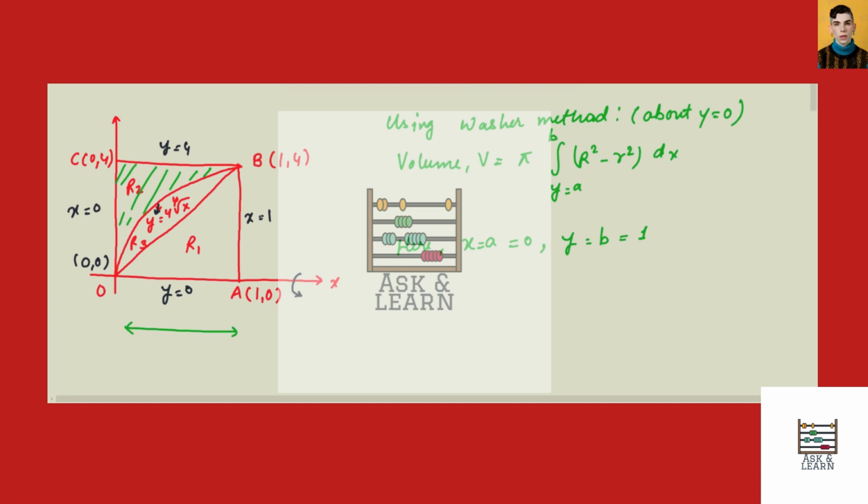Now V becomes what? As I have already told, R square is 4 here. We will take y equals 4.